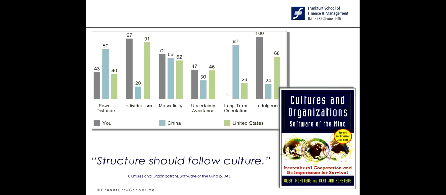Under your own country you would find its position with respect to each of Hofstede's 6 cultural dimensions as compared to those of China and the USA. Thus, your country would rate extremely high under individualism and indulgence, but fairly low on power distance, etc. What type of information do these findings convey? What practical consequences would you draw from them? For Hofstede's own answers, go to the next slide.